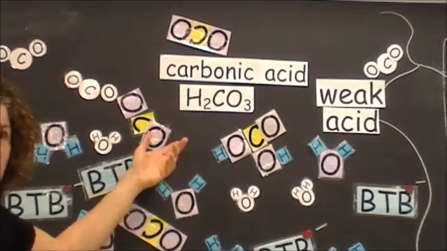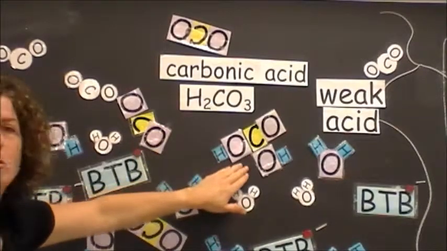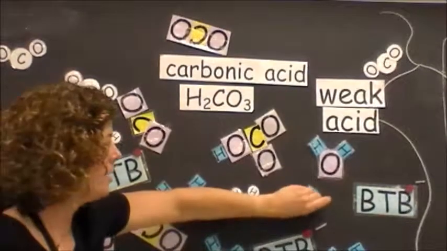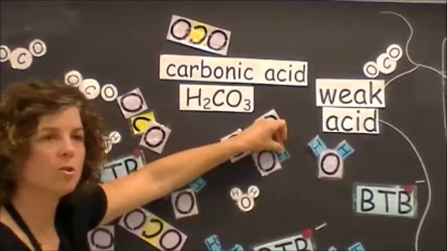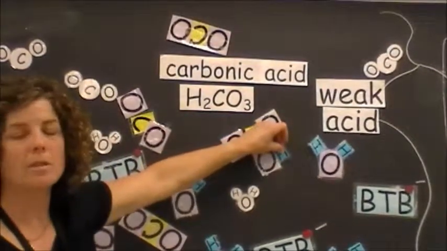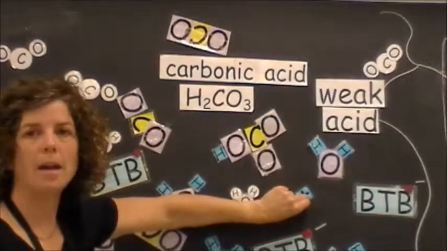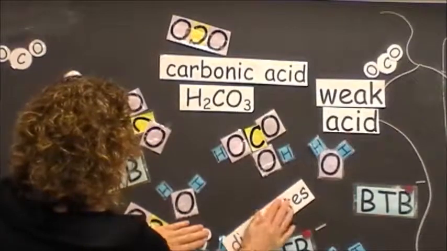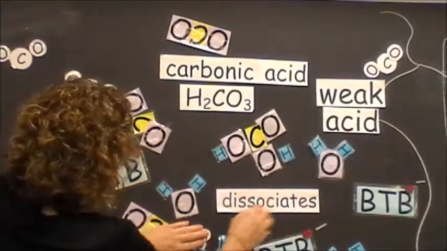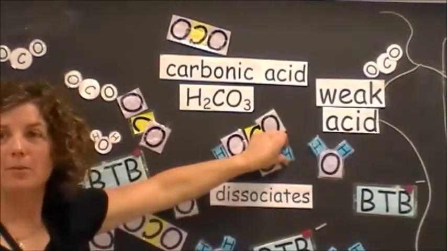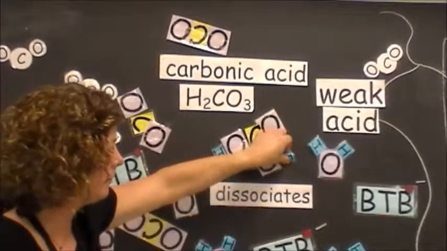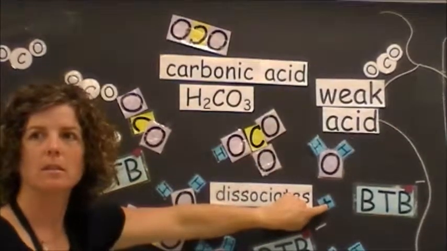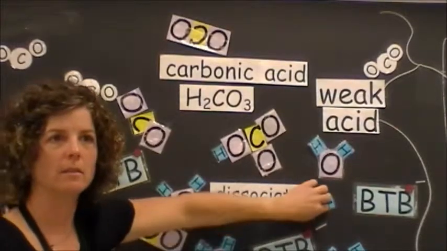The next step that happens is it's really cool what happens to carbonic acid. And what I just did with my hands, when hydrogen leaves that carbonic acid, we actually use the language dissociates. So, whatever step you're on, a hydrogen ion dissociates from the carbonic acid.